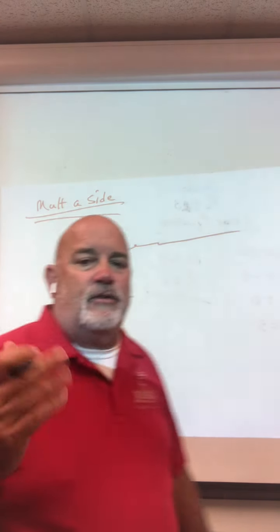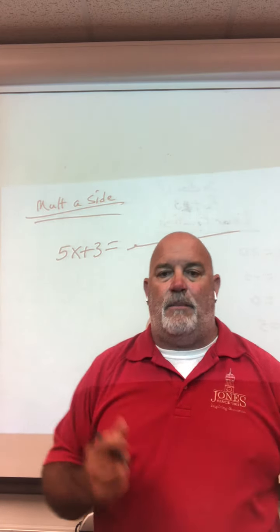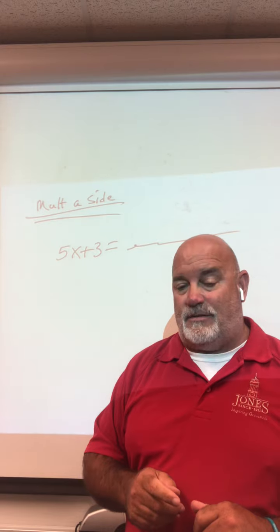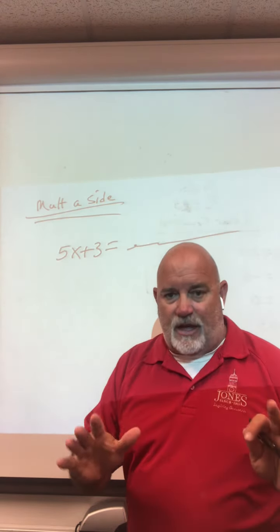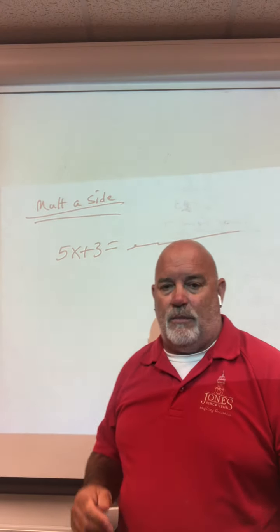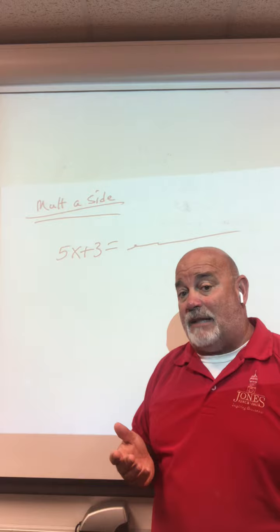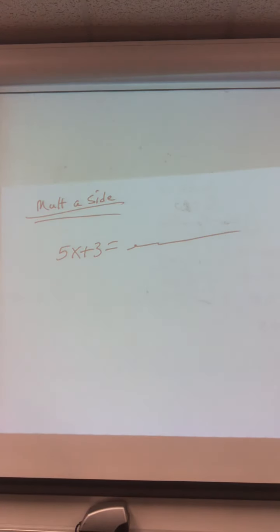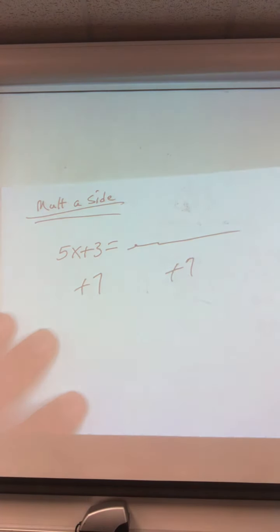Now let's suppose I told you this. I want to add 7 to both sides. First of all, is that allowable? Yes. You say, Mr. Trainer, why would you want to add 7 to both sides? Don't worry with that. Just follow along with me here. Suppose I told you to add 7 to both sides. Is that mathematically okay? Yes. All right. So if I add 7 to this side and add 7 to this side, that's okay.